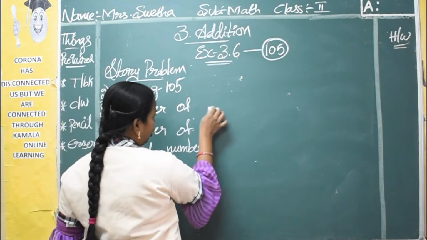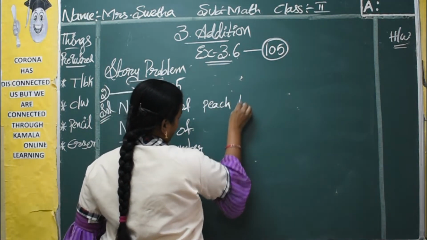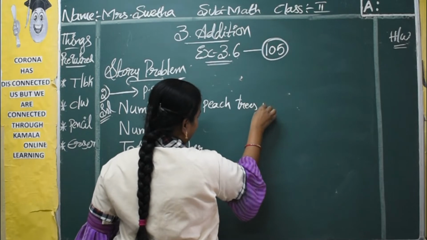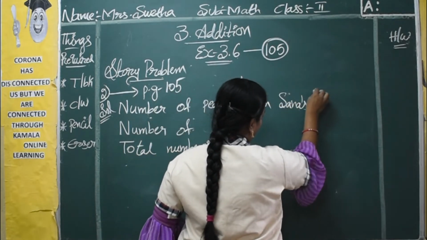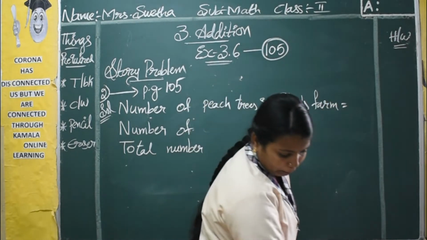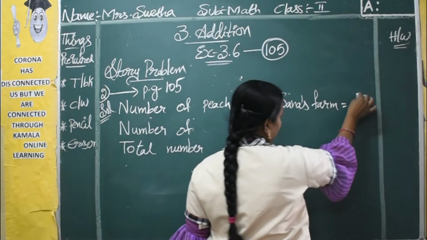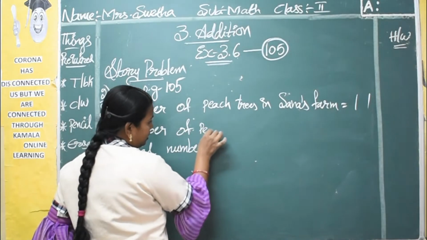Okay, so number of peach trees in Sana's farm. So here you have to mention Sana's farm. Okay, in Sana's farm how many peach trees are there? There are 11. So 11. Okay, next number of peach trees.